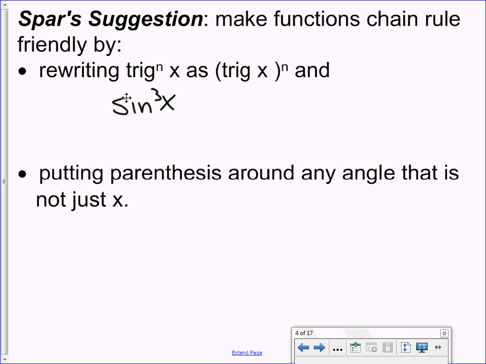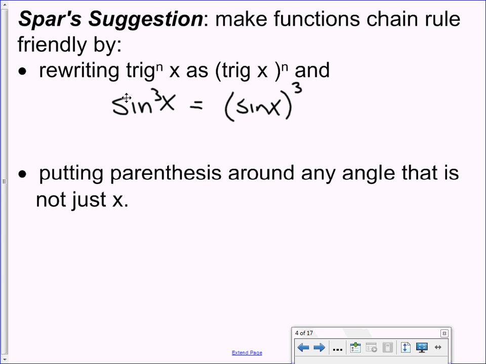Sine cubed x is just a short way of saying the cube of sine x. We're not cubing sine. That's impossible, just to cube a function without an argument. We're cubing the sine of x. Now, this makes it real clear that the outer function is the cubing function and the inside function is the sine function.